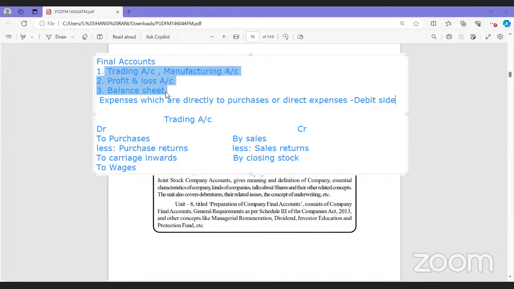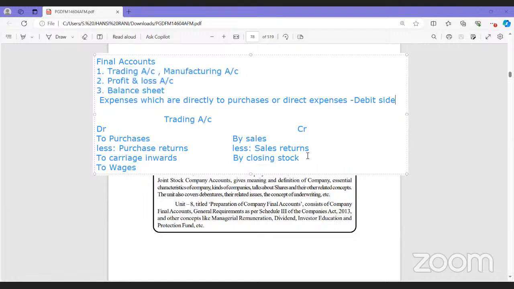When I'm closing all my accounts, I want to know what stock is left over in my business. How will I know? Purchases plus all expenses, minus whatever I sold, the remaining stock is called closing stock.